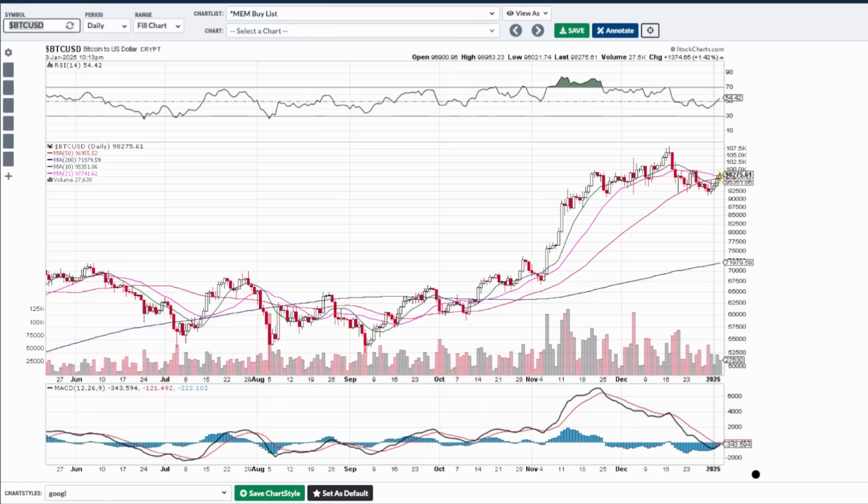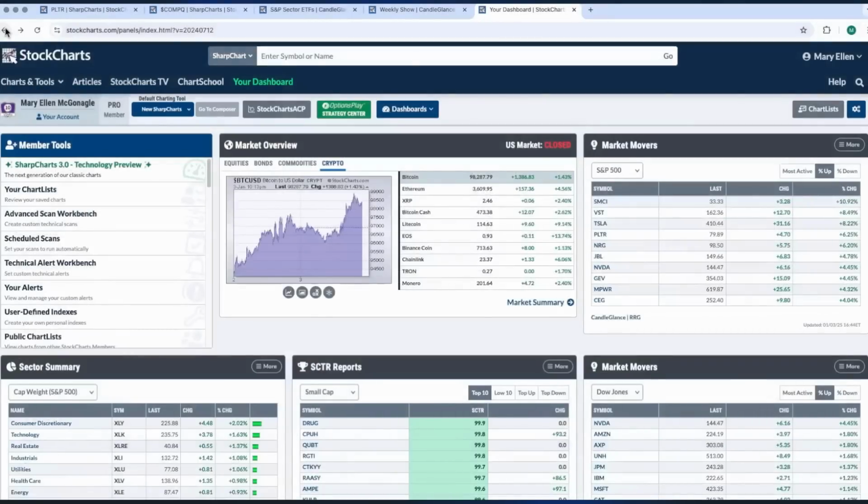So we could be setting up for a nice continuation rally in Bitcoin going into next week. And by that, we can then, of course, use that as a proxy for potential move in the broader markets. So here we are with that initial interface page. And from here, you can simply ask to see crypto.